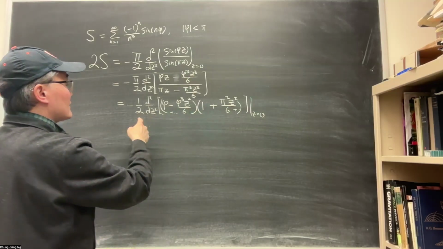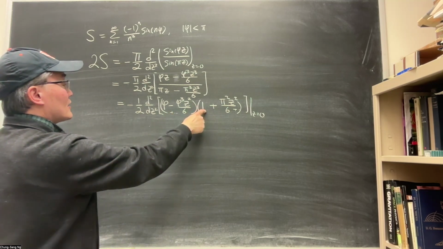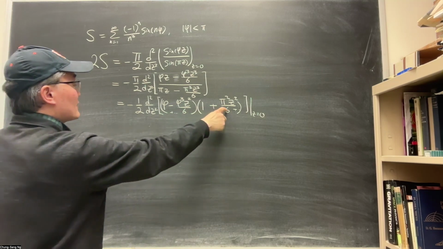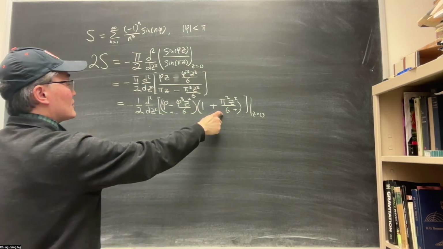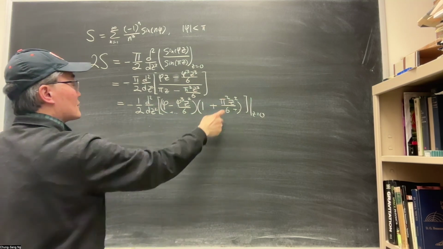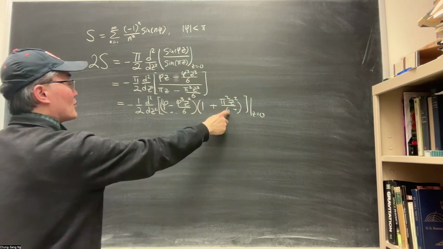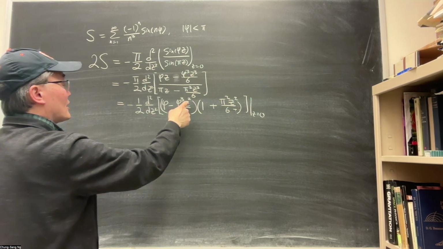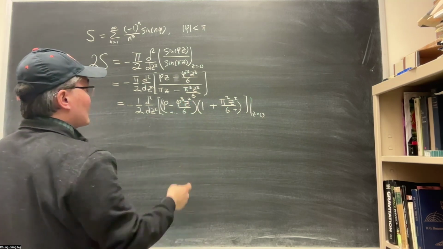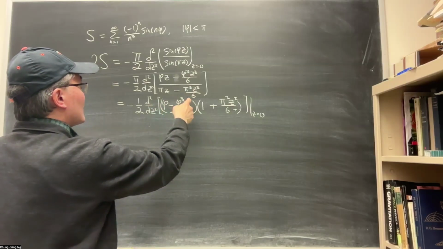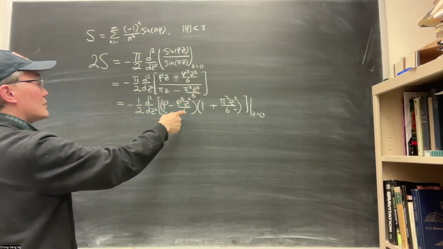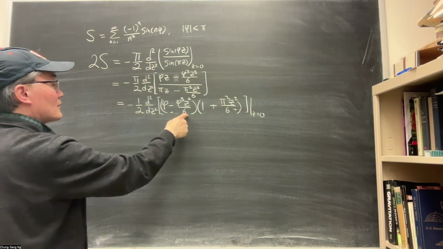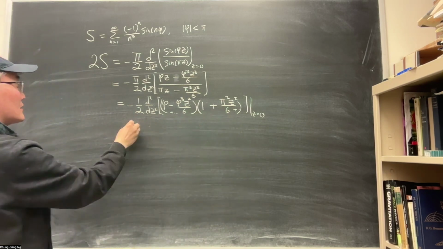This one times that one, so minus pi cubed over 6, and then this one times that one, so pi squared over 6, pi times z squared. So this is positive, this is negative. And when you take the derivative of z squared, you pull out a factor of 2, and that 2 cancels with that one, so both have a 6, so 1 over 6.